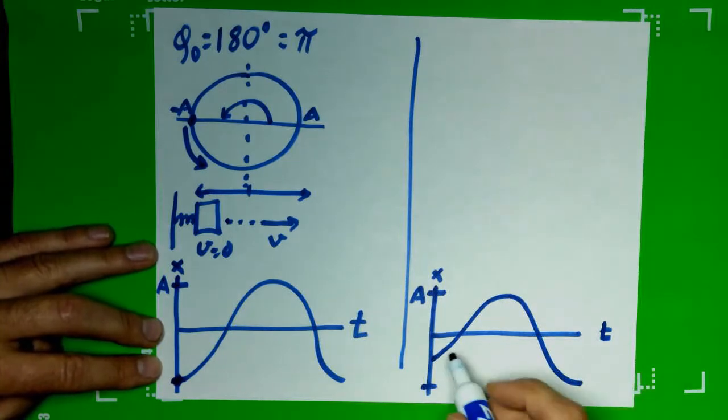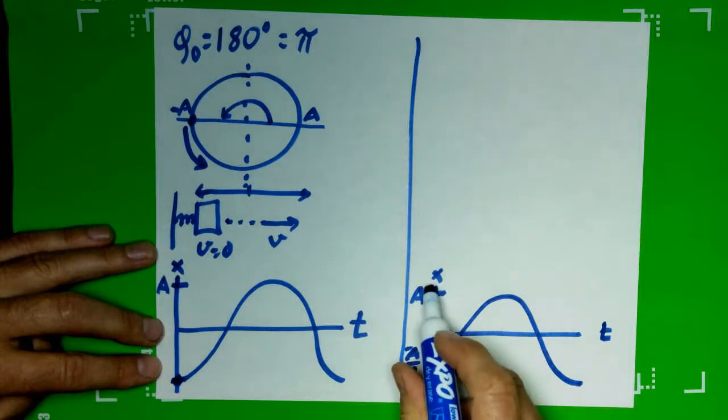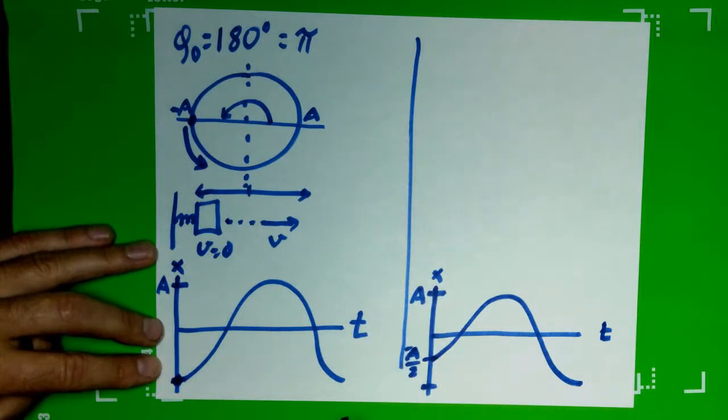Okay, so let's say that's half. That's A over 2 negative. Sorry for my crunched space there, but negative A over 2. So starting halfway down in the negative position space. Okay. What would that look like, and what kind of motion's happening?